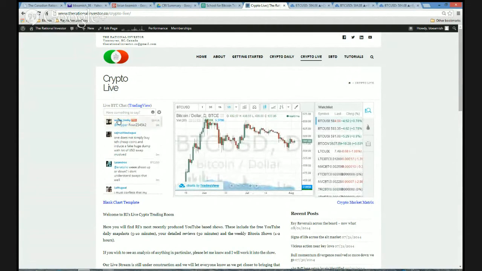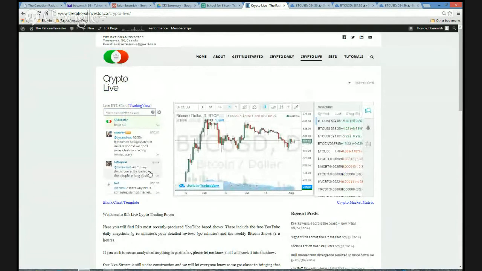I've also included a live BTC chart. It's an iframe function, so you can literally chart away from the Crypto Live Room itself, and say hello all, and it types in hello all. So it works really cool.